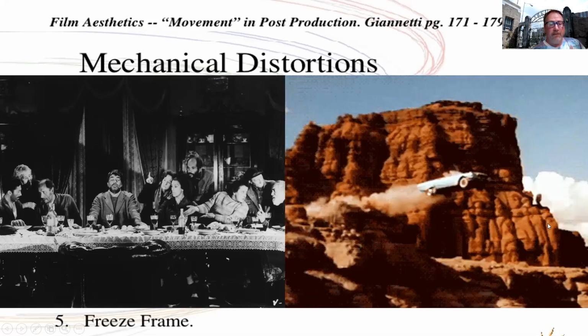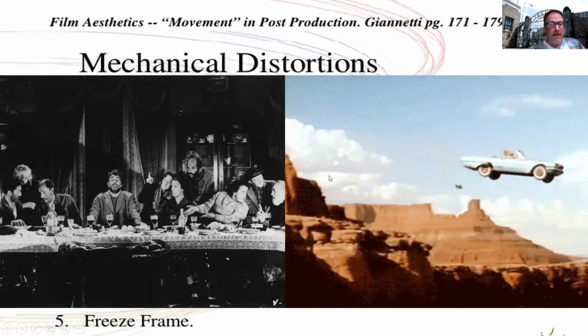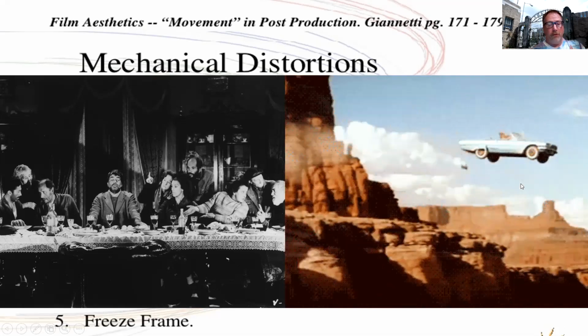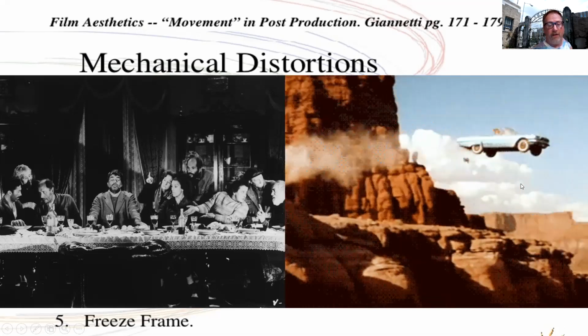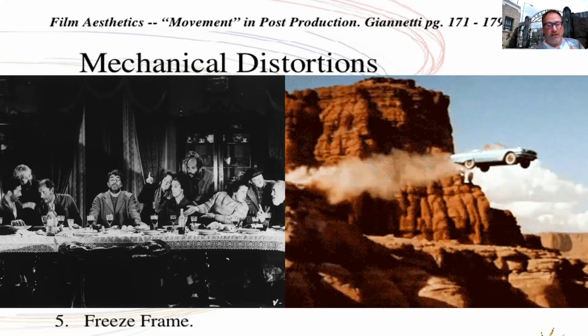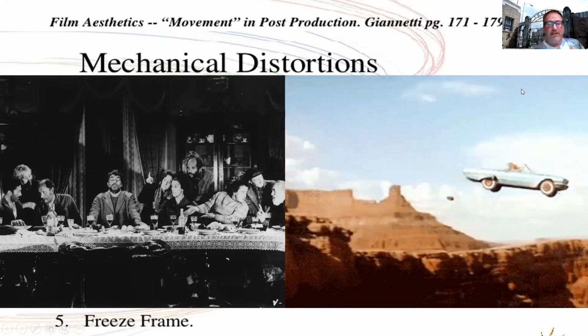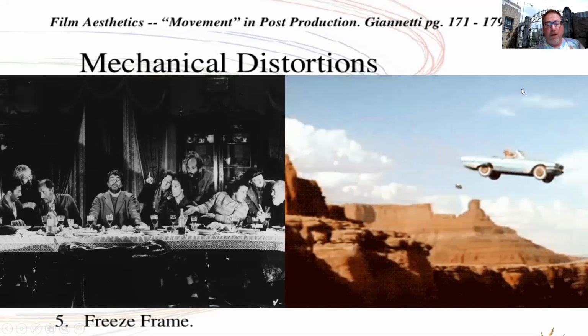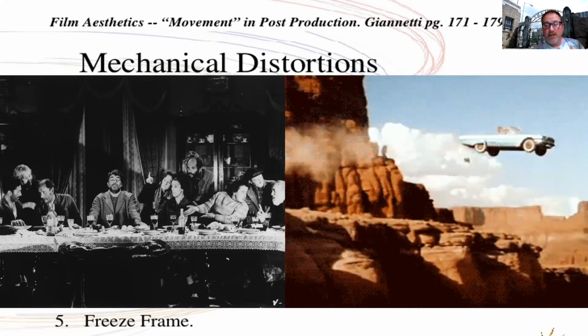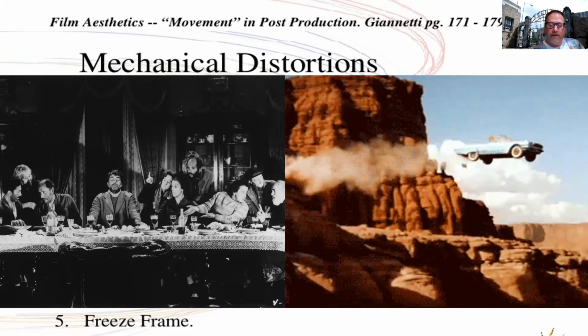Now, rather than showing them die and be caught by the police at the very end, they jump off. But no, the movie stops right there. It stops with a freeze frame, so you don't actually see them plummet to their deaths. Why? Because in that moment, they have decided that they have absolute freedom before they plummet to their deaths. It's the only time they've ever had absolute freedom. So, Thelma and Louise.